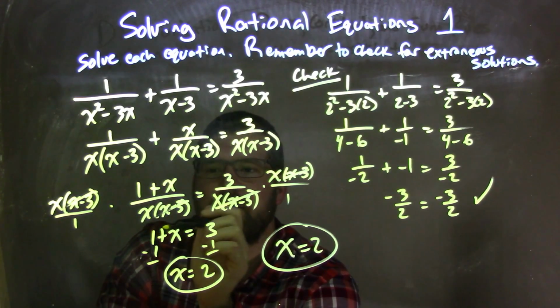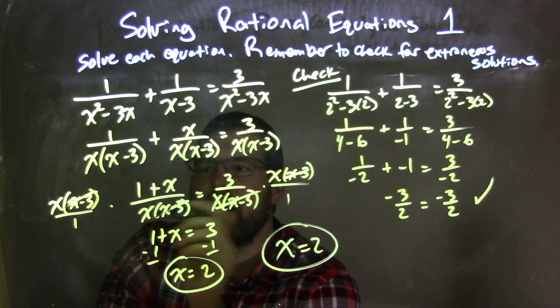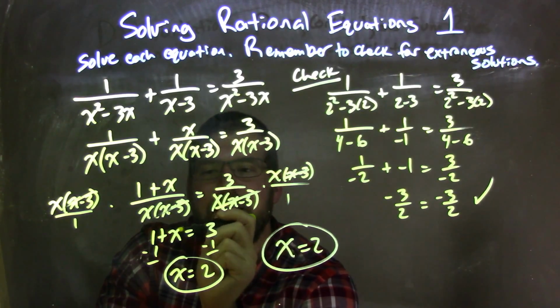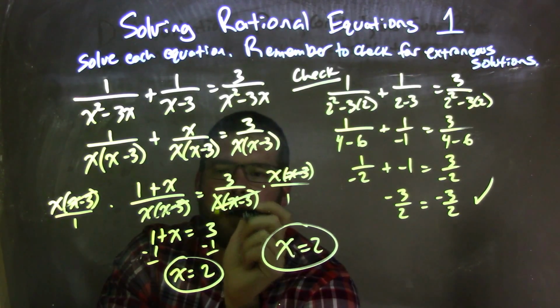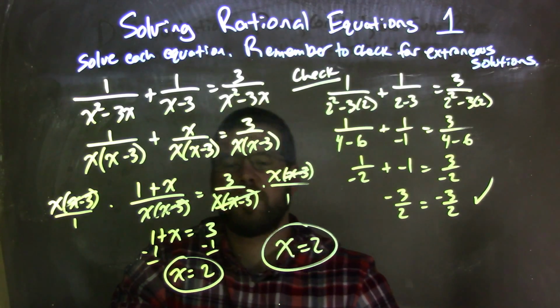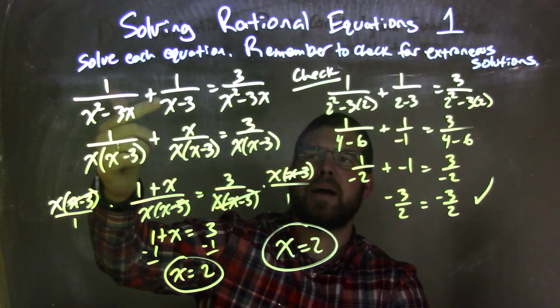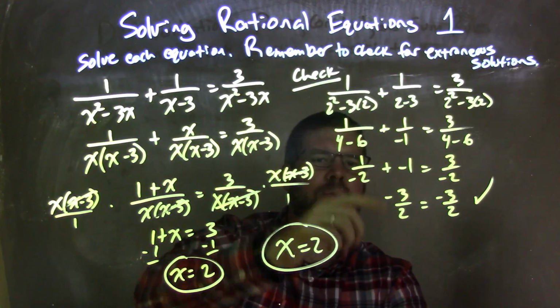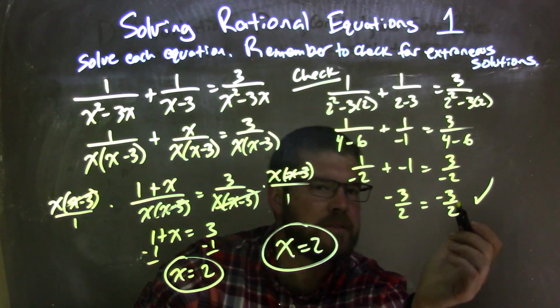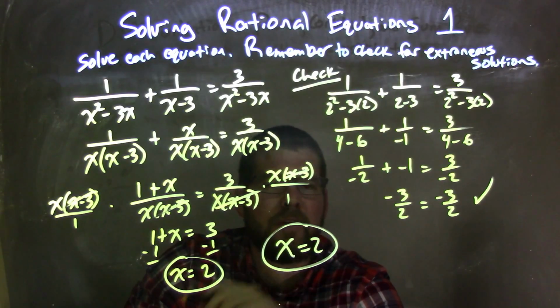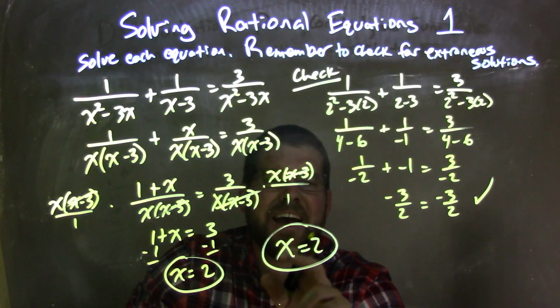I then multiplied x times x minus 3 to both sides, canceling it out on both sides, leaving 1 plus x on the left equals 3 on the right. I subtracted 1 from both sides and got x equals 2. To check, I plug that back into my original equation and simplify the left and right hand sides, and I get both sides equal, confirming that my final answer is not extraneous and it's x equals 2.